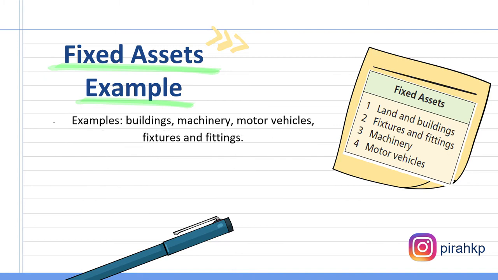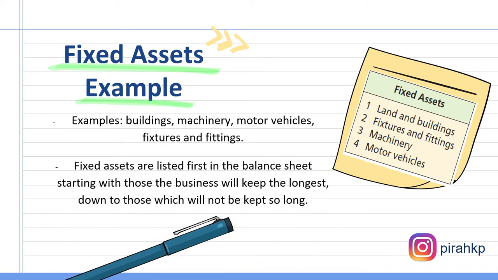Next are fixed asset examples: buildings, machinery, motor vehicles, fixtures and fittings. These are examples of fixed assets. And while you are listing them in the balance sheet, you usually start with those things that the business is going to keep for the longest time period, and then you move towards those which aren't kept for so long.